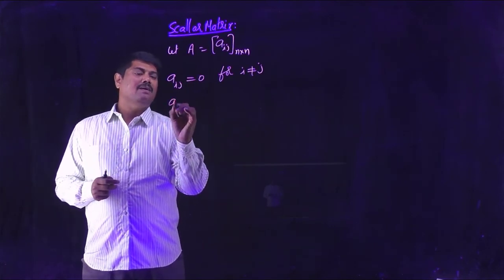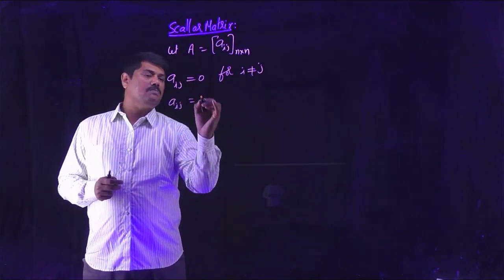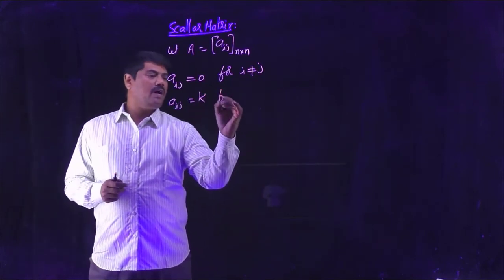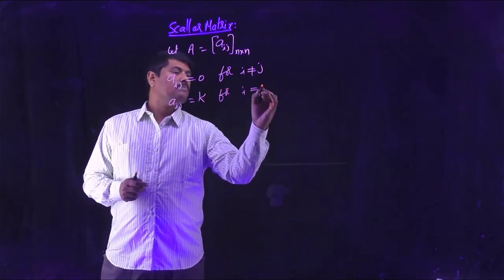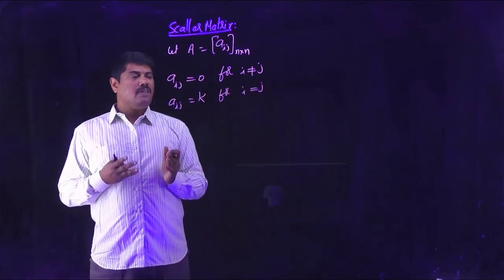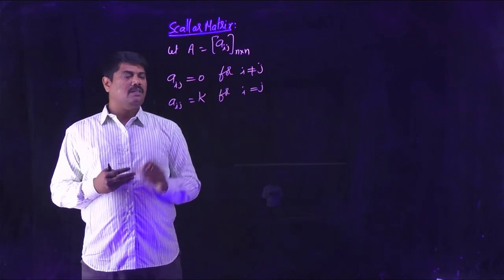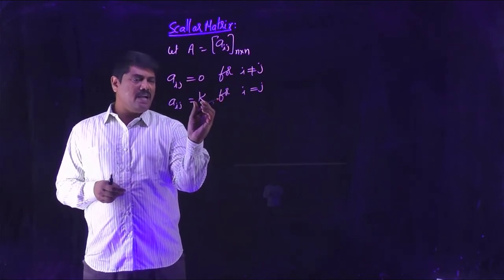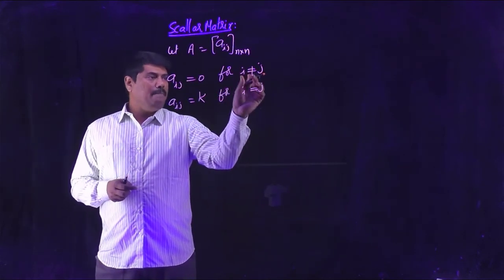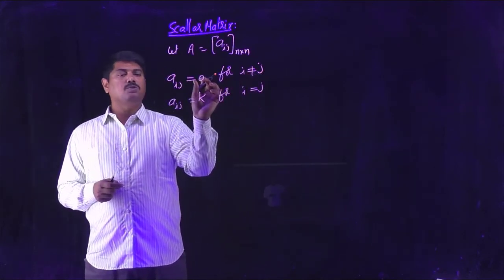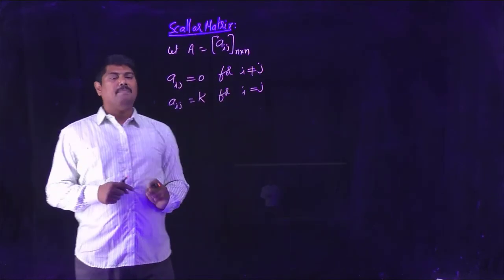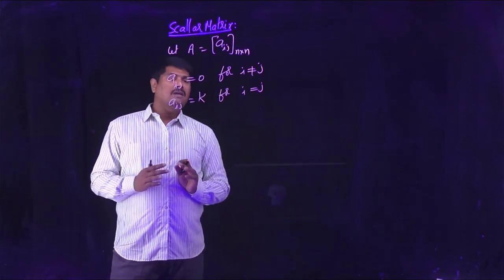And a ij is equal to some scalar k for i equal to j. i equal to j means those elements are principal diagonal elements. That means all the principal diagonal elements are equal to a scalar k, and other non-principal diagonal elements are equal to 0. Such a matrix is said to be a scalar matrix. So this is the definition of a scalar matrix.